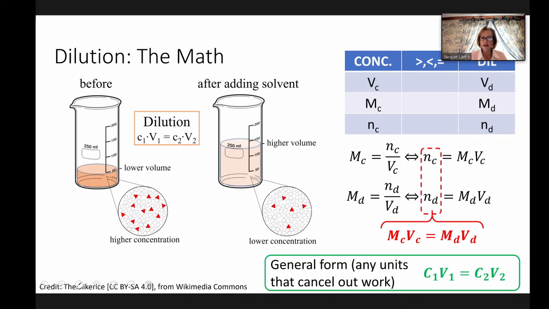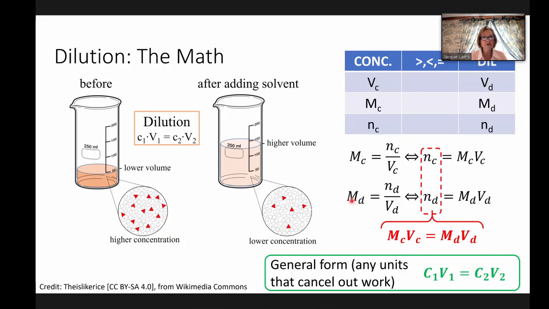Note that the molarity of our concentrated solution by definition is the number of moles divided by the volume. So if we multiply both sides by volume, we have molarity times volume equals the number of moles of your solute. The same is true for our dilute solution.